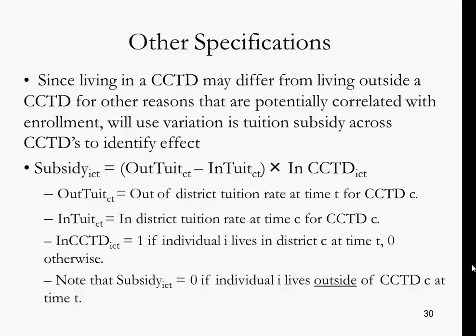So we're going to try to use the low subsidy groups as a control and look at the difference between high subsidy and low subsidy to try to parse out the true tuition effect or the subsidy effect.